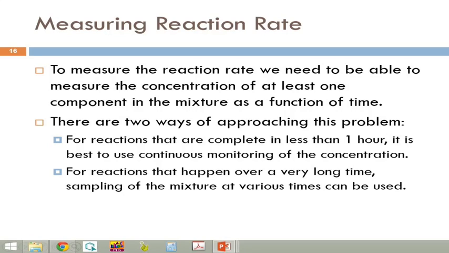We're just going to measure the concentration continuously. For something that happens more slowly, we can sample it at various times. And so, you start the reaction and you know what the initial concentration was. And maybe 2 hours later, you're going to pull a sample out and measure the concentration. And then after 4 hours, you'll do the same thing. And so you'll get specific points in time.